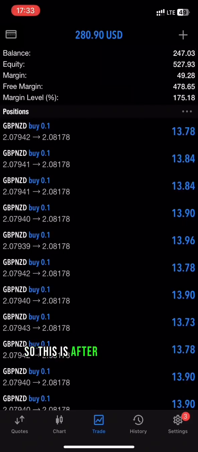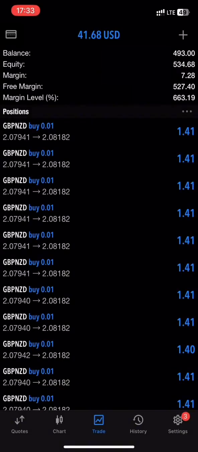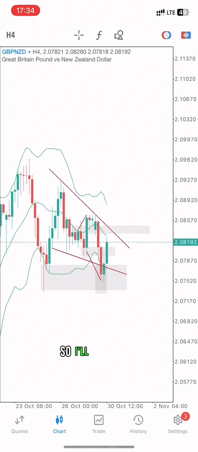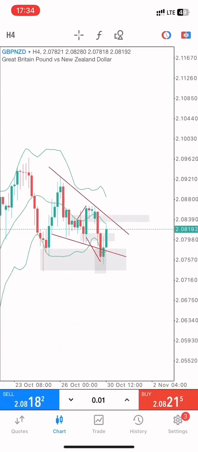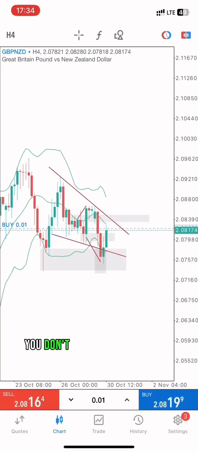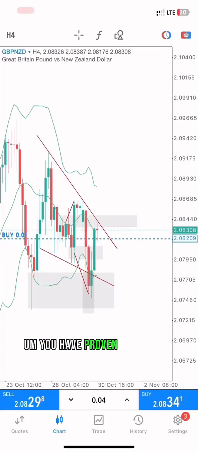So this is after some more time, it has managed to go up again across the positions. So I'll enter again, but with small positions, to just let you know that it has to go up. You don't have to hold the positions until you have proven yourself a good trader.